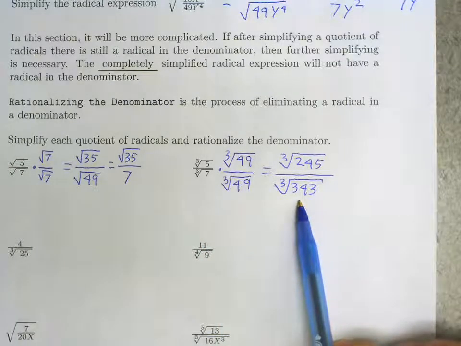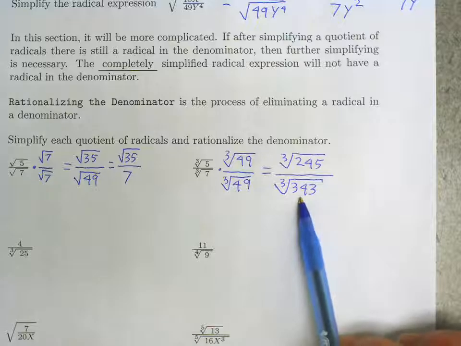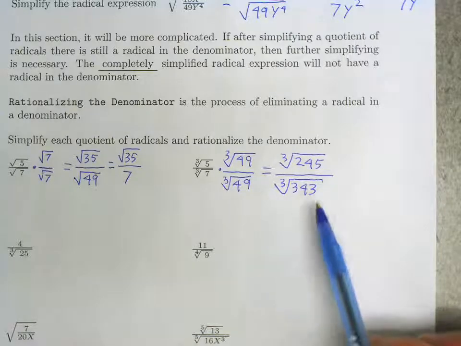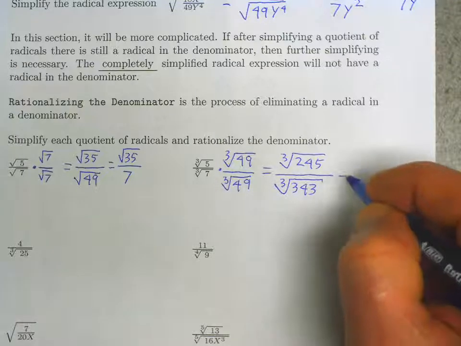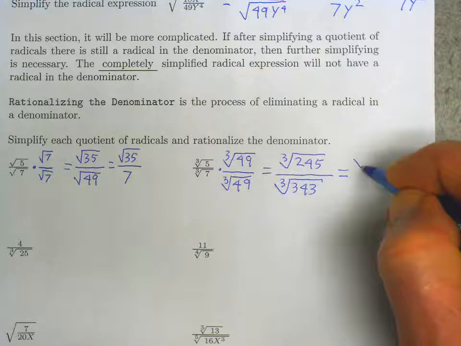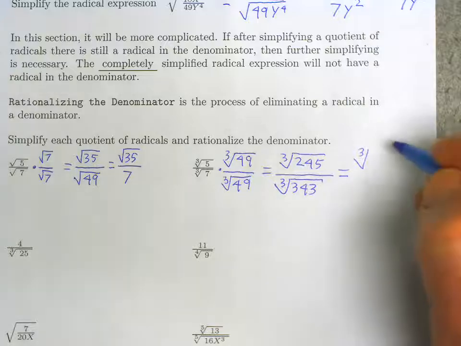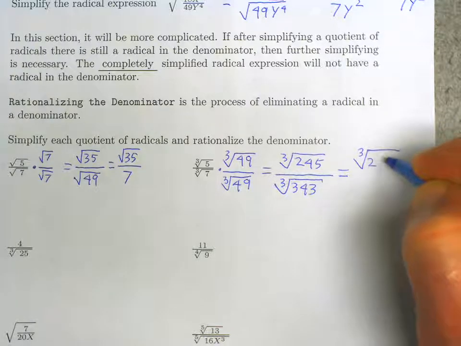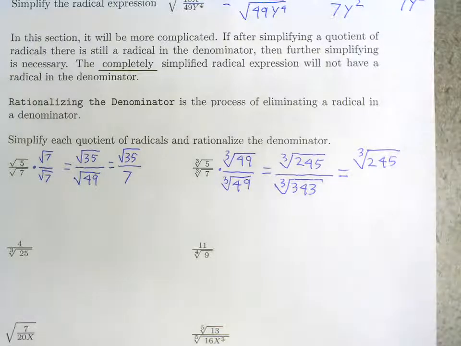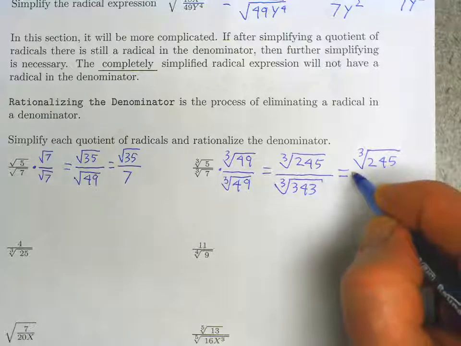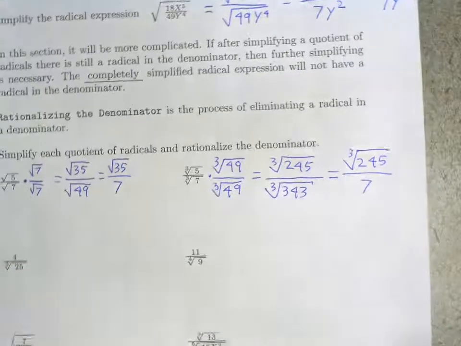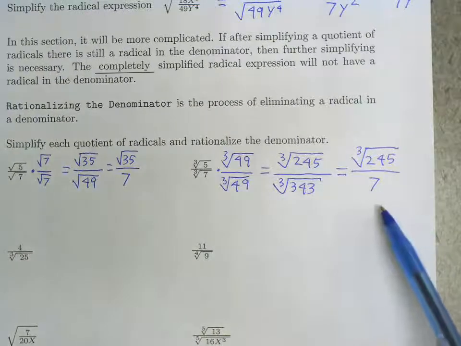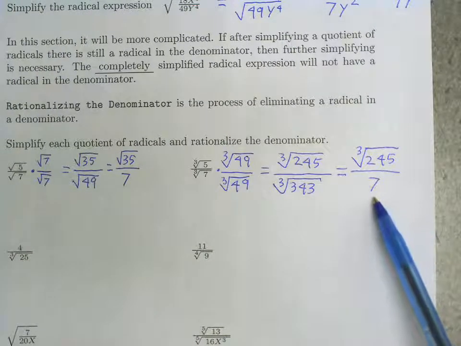And we learned earlier this semester that 343 is a perfect cube. 7 to the third power equals 343. So our simplified answer finally is the cubed root of 245 in the numerator. And in the denominator, the cubed root of 343 is 7. Okay, so now we have a rational number in the denominator.